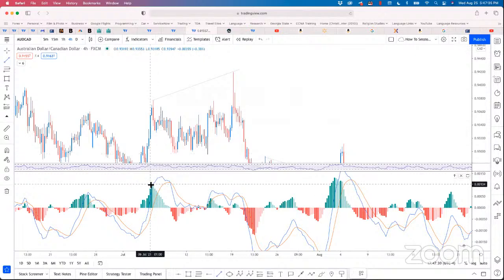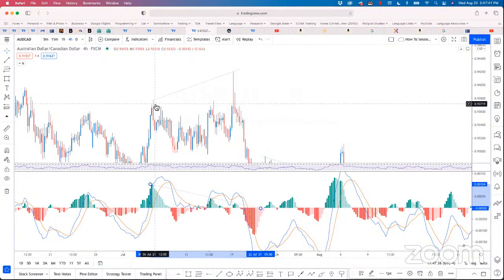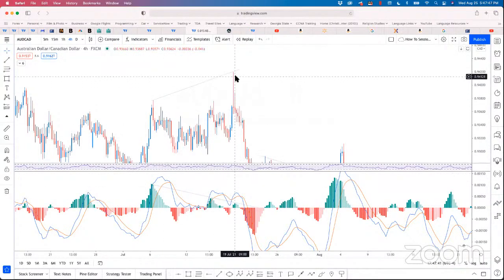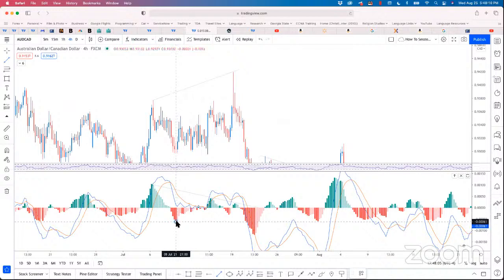But in this case, we started to make lower highs on the MACD while we were making higher highs on price. That's a sign that this trend has reached an end, because now we're making lower highs. We've even crossed over the 0 mark to turn bearish, an early sign that it's bearish, because the divergence is saying we're going up, but we're failing. Momentum is dwindling off, and I'm starting to reach a level of resistance, and negative divergence is happening right here. And then eventually we get this drop.